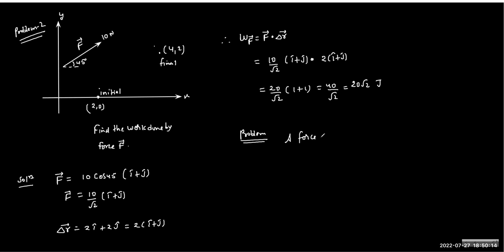A force of value 12 Newton is acting in the direction parallel to the vector 2i plus j plus k.